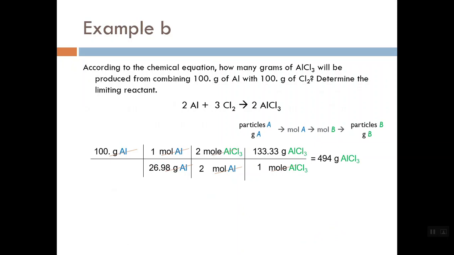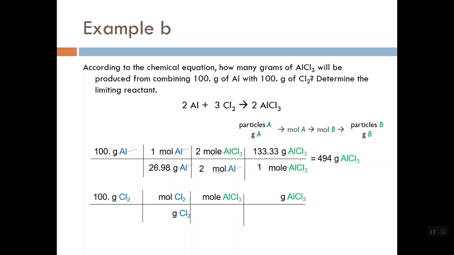Let's do this again. We're going to start with 100 grams of chlorine, going into moles of chlorine, going into moles of aluminum chloride, and going into grams of aluminum chloride. Replace all that with the fence. Go ahead and pause the video here so that you can fill in the rest of the fence.